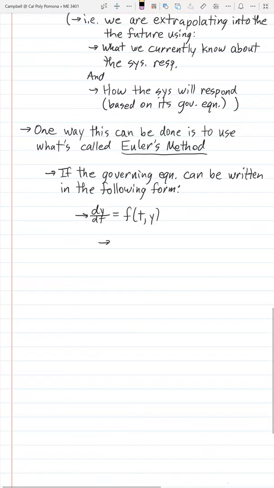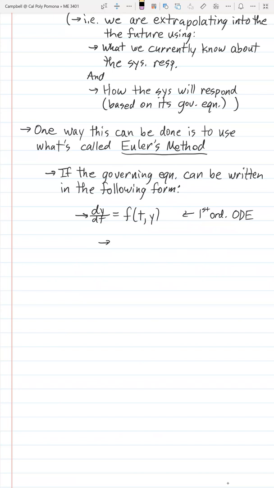So let's go ahead and capture first order differential equation. As I indicated right at the beginning, that's what we will be dealing with. Now here, we have to represent it explicitly as a first order differential equation.